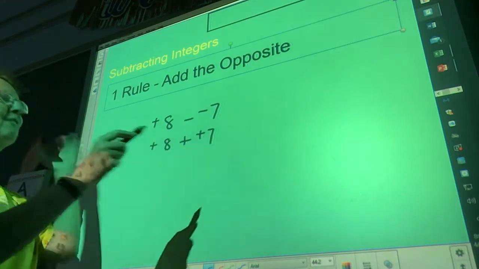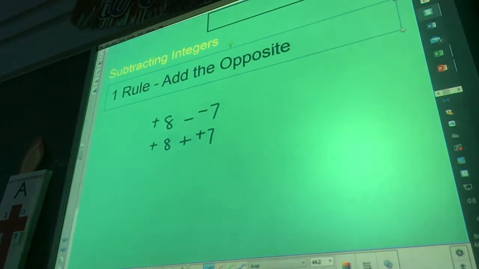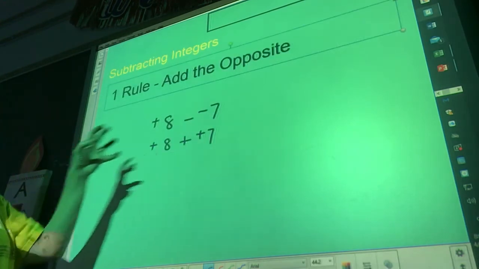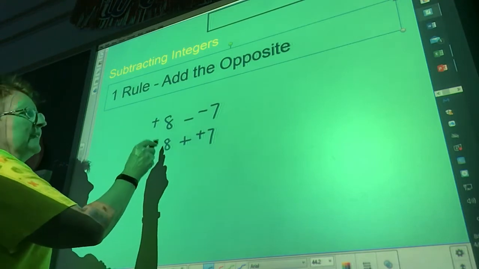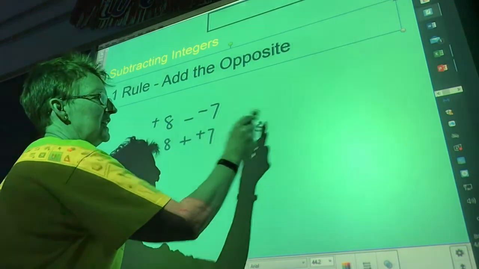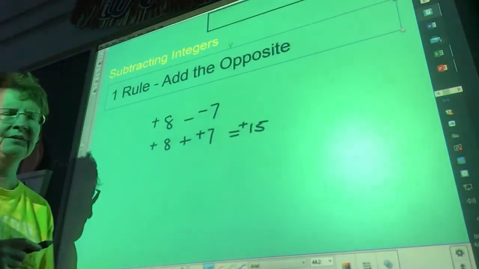Then I follow all the rules we had for adding integers, because now I have an addition problem. So 8 plus 7 equals 15, a positive 15.